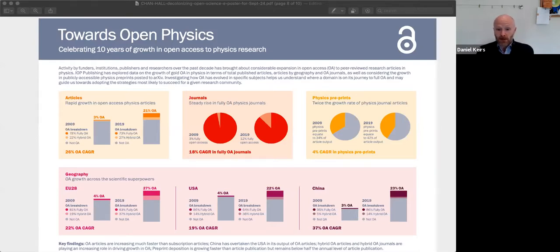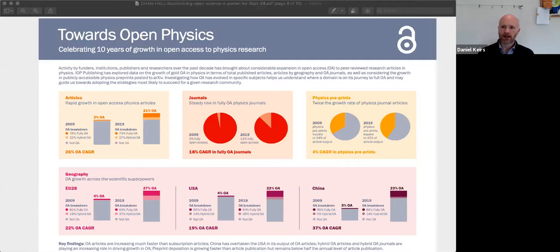Now, preprints also play a long-standing role in physics, so we wanted to look at those too. Papers deposited each year to the physics sections of arXiv have grown at about twice the rate of physics journal articles overall. But nevertheless, the majority of physics papers are still not posted to arXiv, with preprint activity focused really around certain subdisciplines like high energy physics and astrophysics.